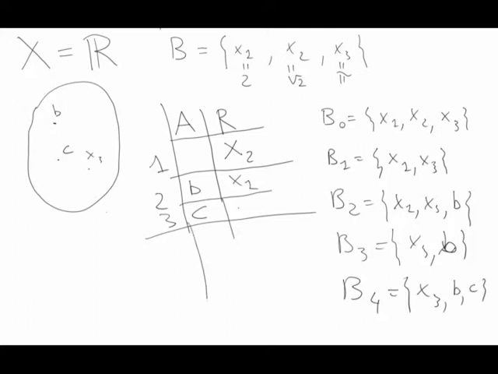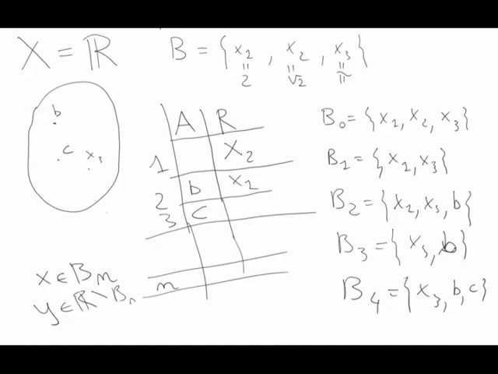So what happens is that all the time, at stage n, remover will choose 1 point x of bn, and then adder will add another point, giving bn plus 1.